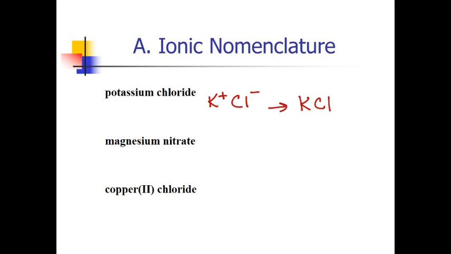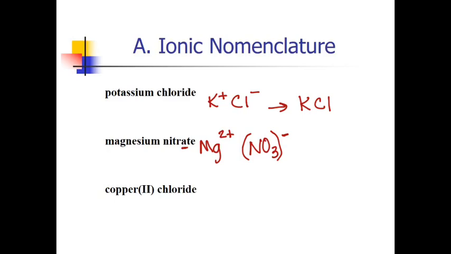Easy. Next up, magnesium nitrate. Magnesium, Mg2+. Nitrate is NO3. That's a polyatomic ion because I noticed the 3. Its charge is a 1-, but again, put those parentheses around it so we can get used to where our numbers go and we don't lose anything along the way. 2+, 1- do not cancel.